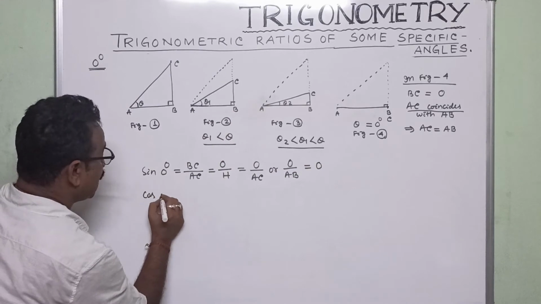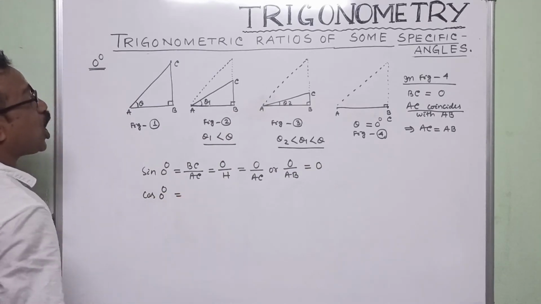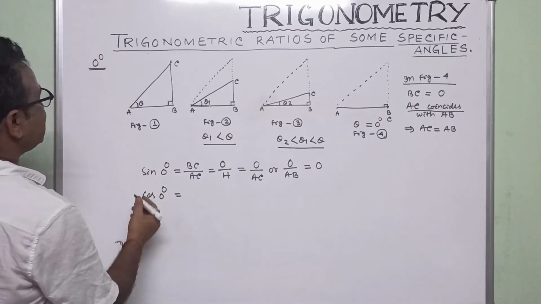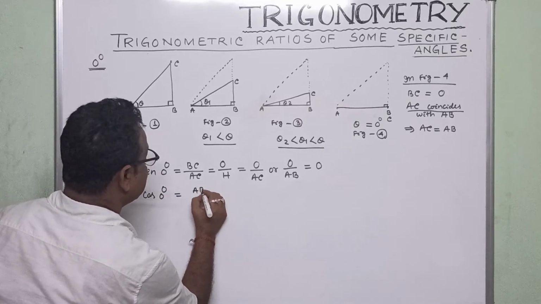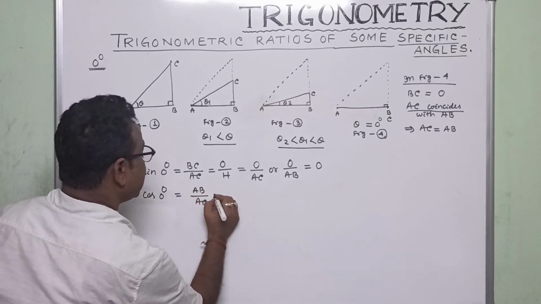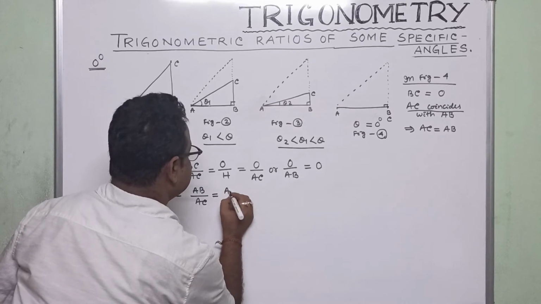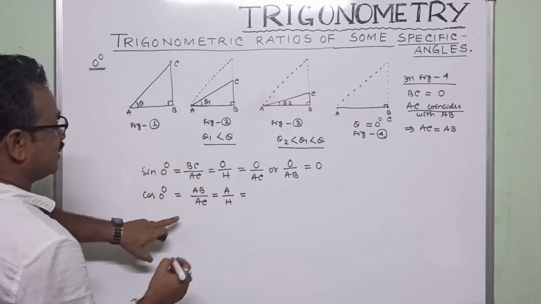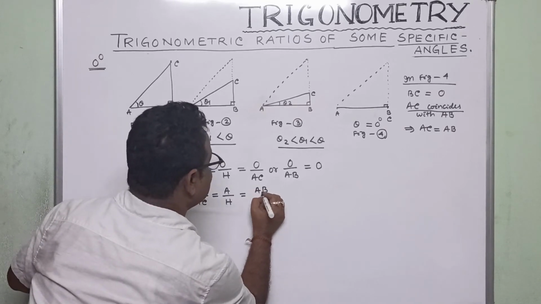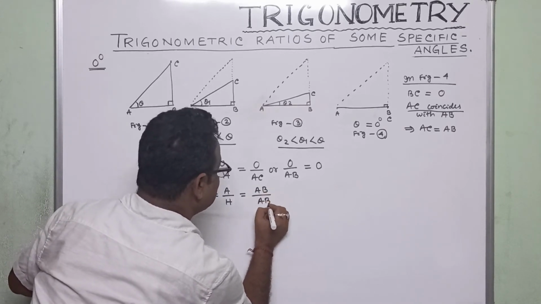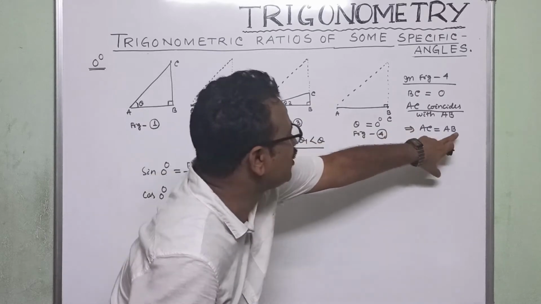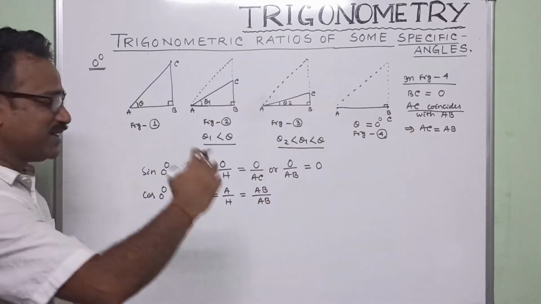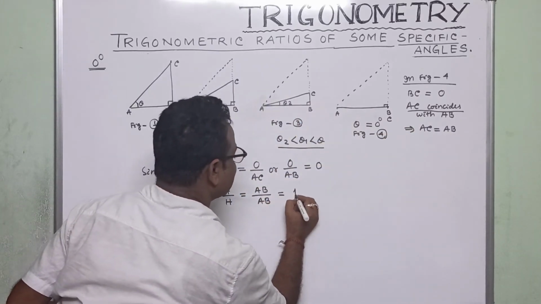Now cos 0 degree. That is your AB by AC. Cos is adjacent by hypotenuse. Okay, AB by AC. Now that is equal to AB by AB. Why? Because AC is equal to AB. So now that is equal to 1.